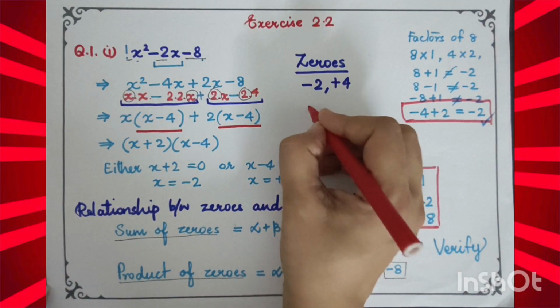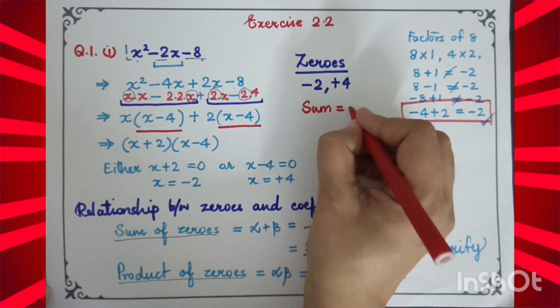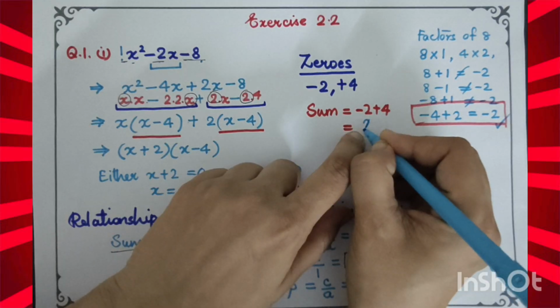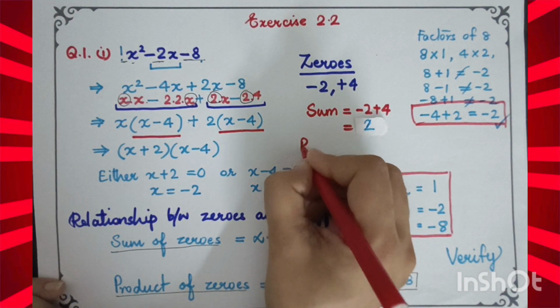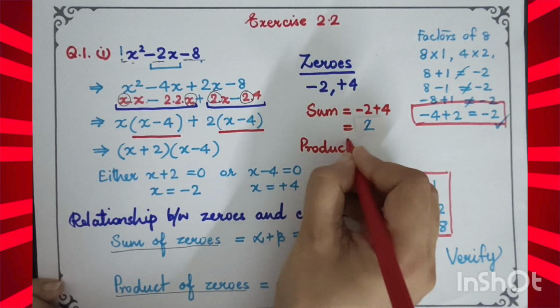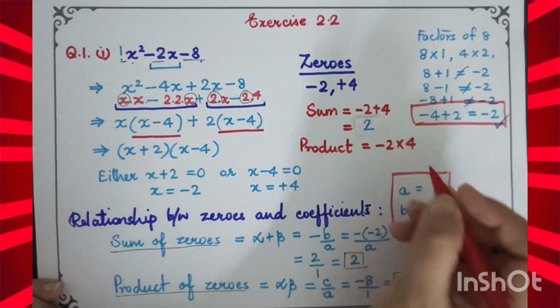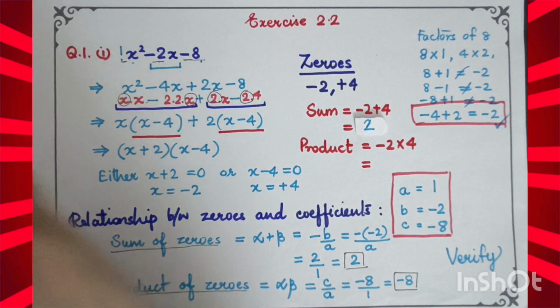Now using those values, we'll find the sum. This is minus 2 plus 4, so the sum of the zeros is 2. Then again using the same zeros, we find the product, minus 2 into 4. So here we get minus 8.